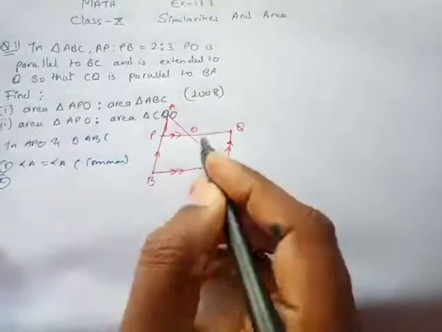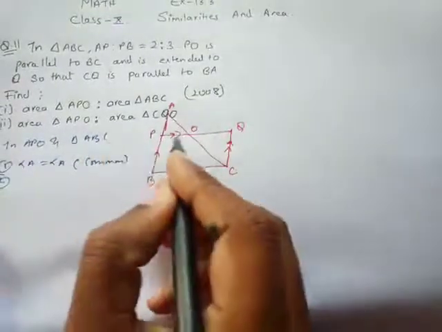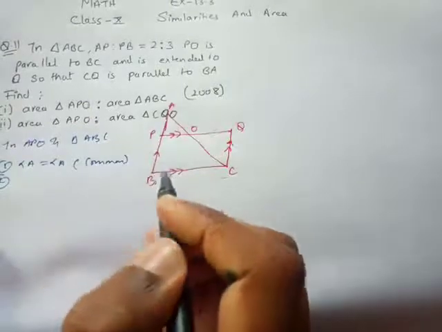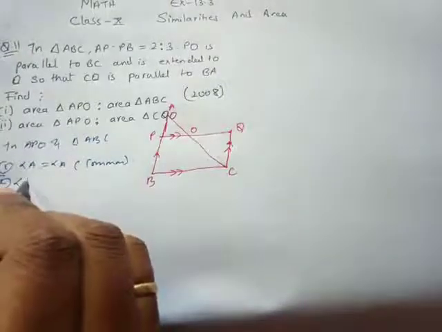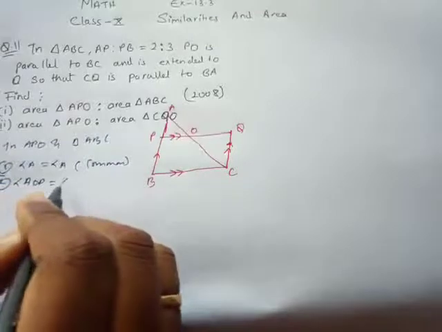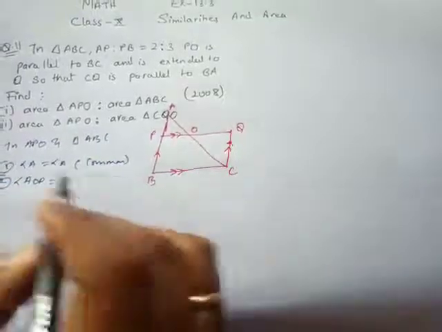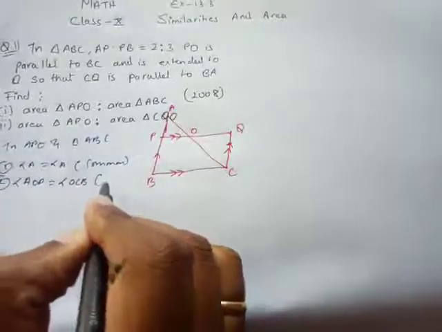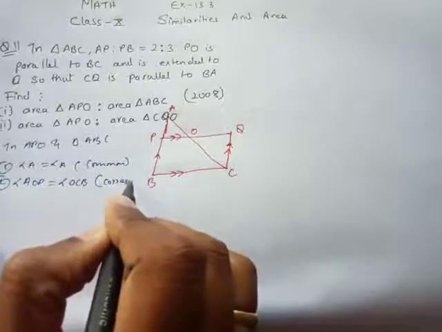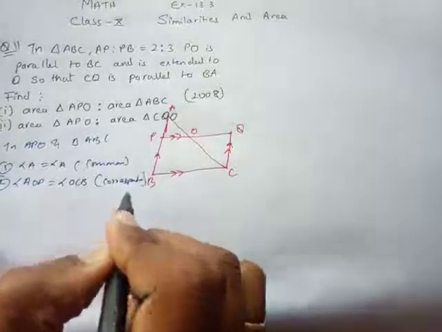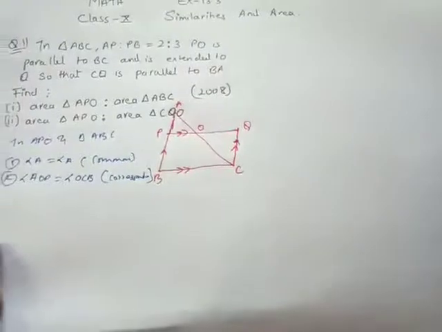And the second thing can be this angle is equal to this angle because they are parallel lines and they are forming corresponding angles. So I'm writing angle AOP is equal to angle OCB, and the reason is corresponding.